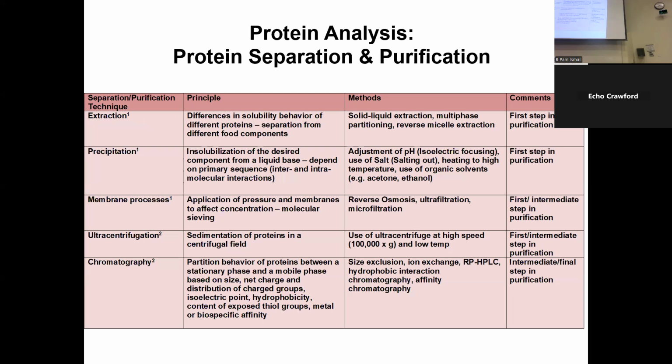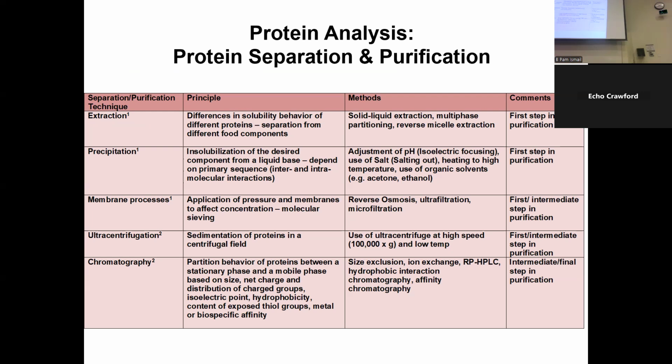It's just removing it, separating it from the matrix. But when you remove it from the matrix, it might not be completely in pure form. It might have other things. If we are solubilizing the protein, it might have sugars and other components in it. So if I want to separate it from solubles, precipitation.